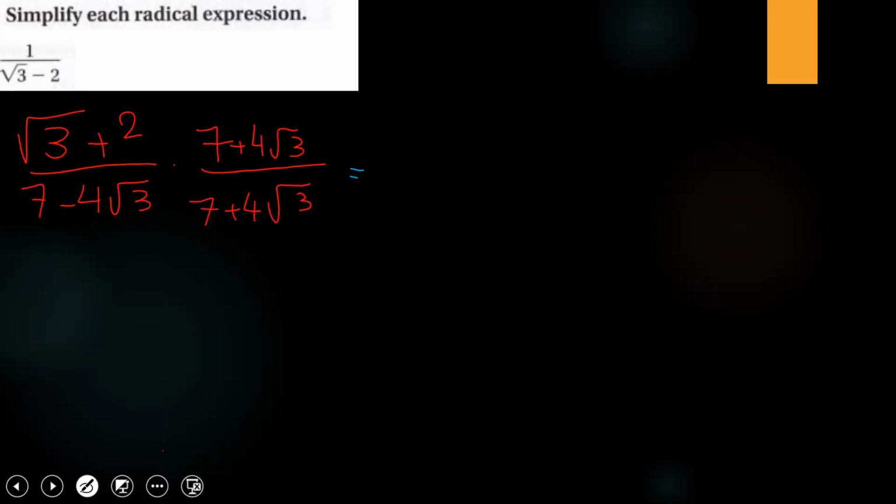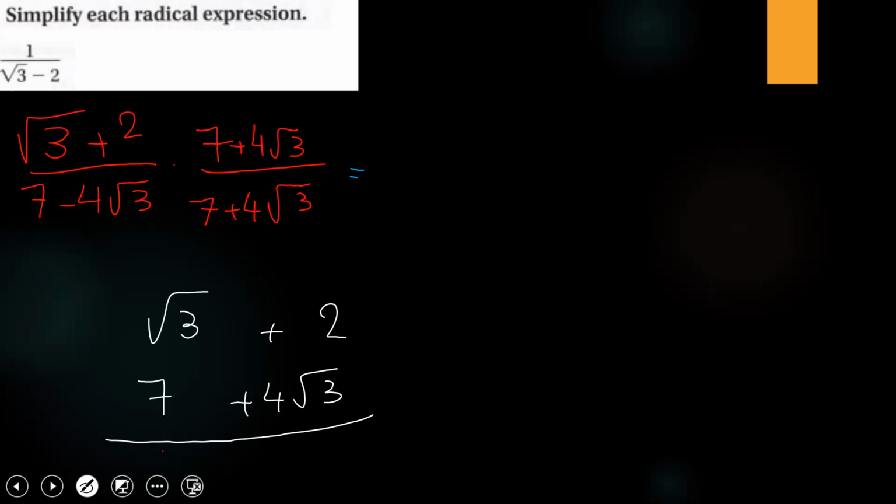Oh, we have to multiply them now. Here we have a square root of 3 plus 2 times 7 and 4 square root of 3. Let's multiply them. Let's use the triangle way here.